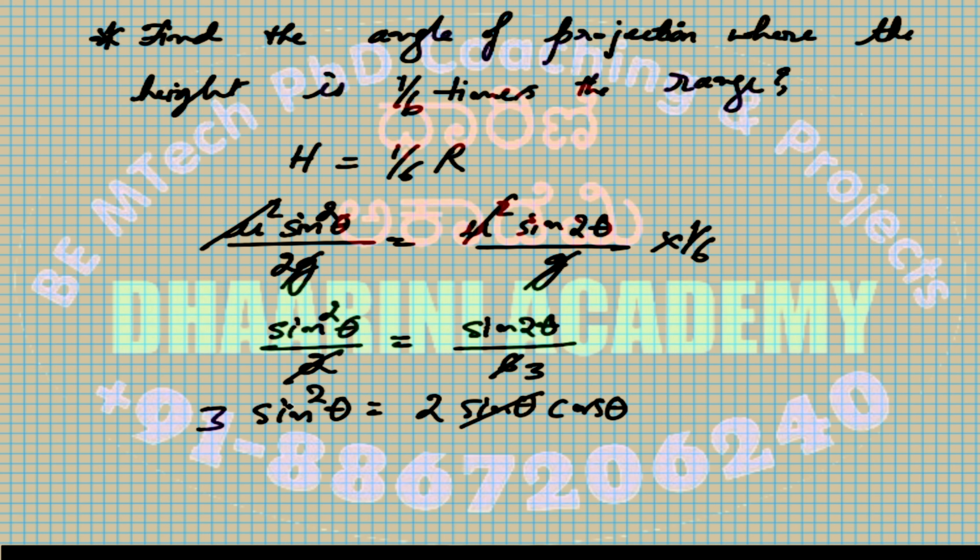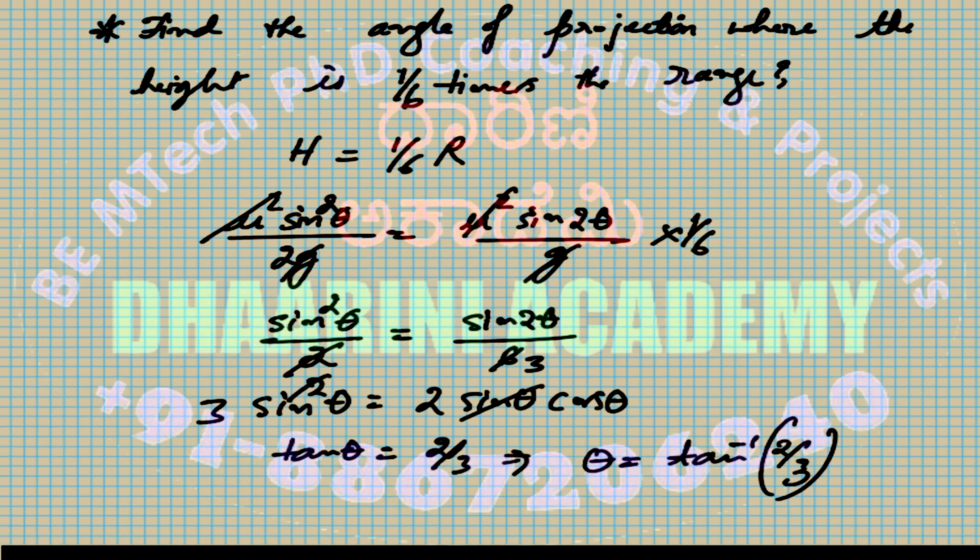So sine cancels, that means sine theta by cos theta, that is tan theta is equal to 2/3, right?